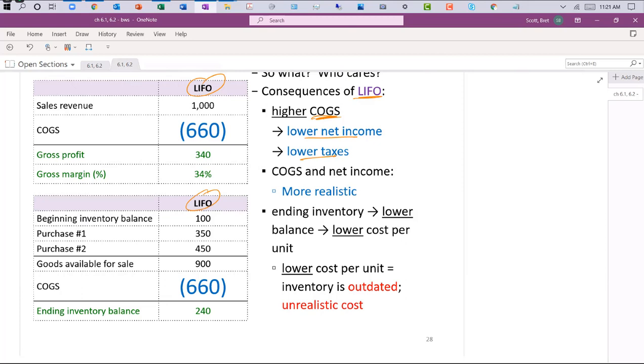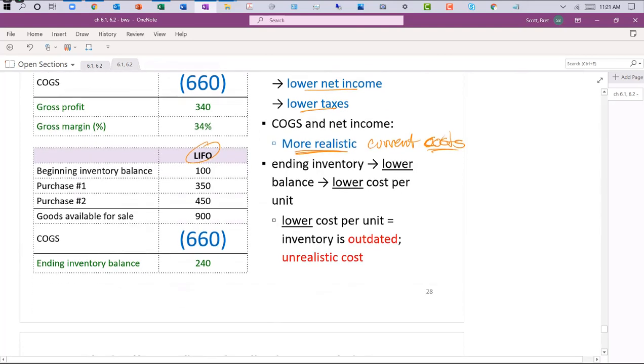Cost of goods sold and net income tend to be more realistic because they're based on the current costs. So a lot of people like using LIFO because it's based on the current cost. What you see on the cost of goods sold represents what it cost us from a recent purchase standpoint. Ending inventory tends to have a lower value in this case because again costs were increasing over time.